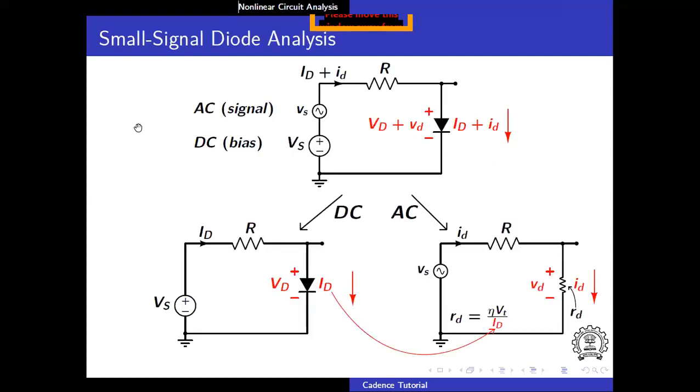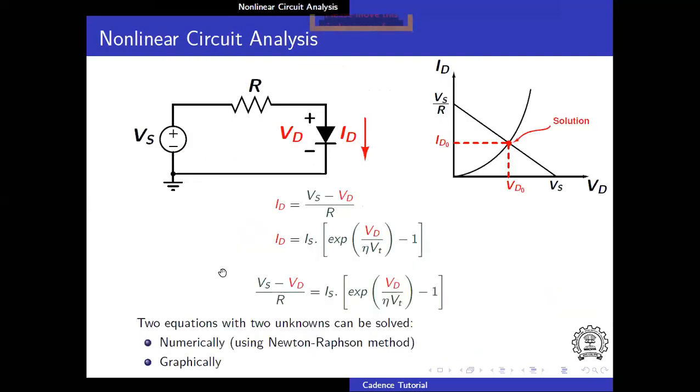Now, what happens if in place of a DC source you have some AC signal? How will this circuit react? What will be the output across the diode? For DC, it is similar to what we saw in our previous slide. Using Newton-Raphson, our simulator will just pop up these values.